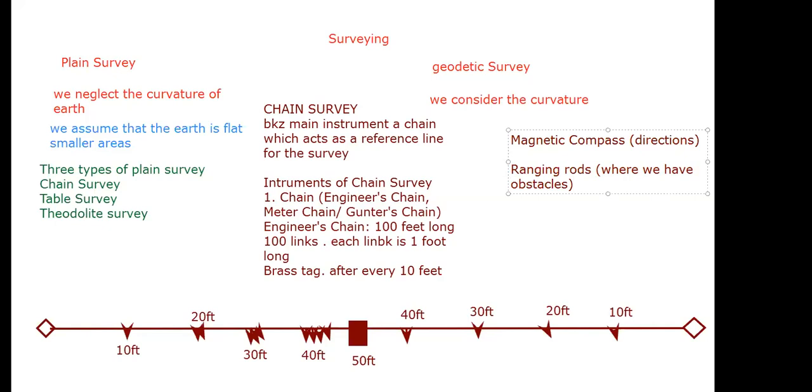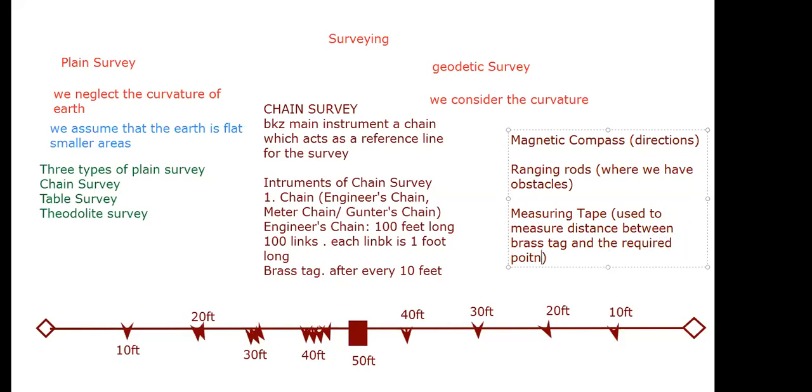So in that case we use ranging rods. Next instrument is the measuring tape. It has to be the second most important instrument. This measuring tape is used to measure the distance between the brass tag and the required point.